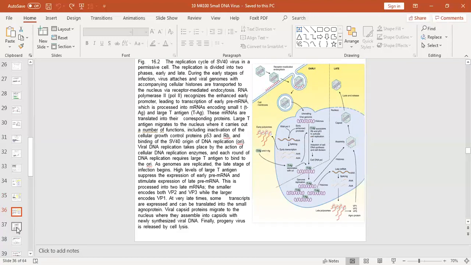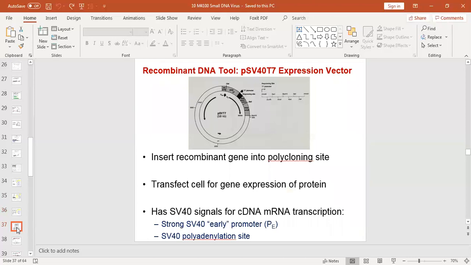Moving to slide number 37. SV40, because of its unique structure, can be used as an expression vector. So it can be used as a recombinant DNA tool in recombinant DNA technology.